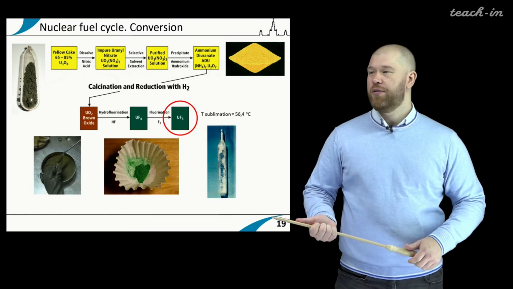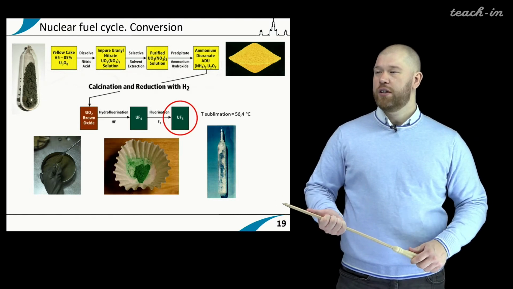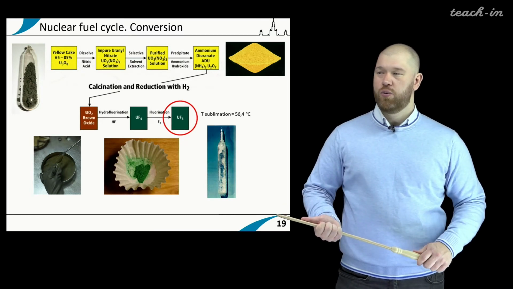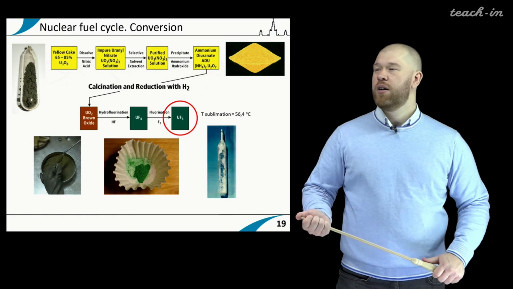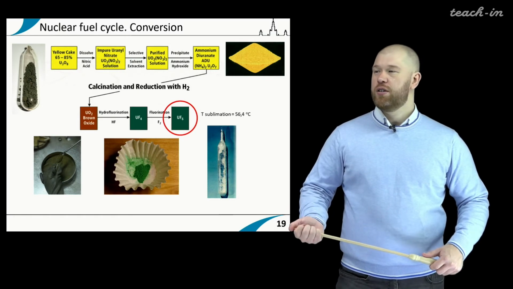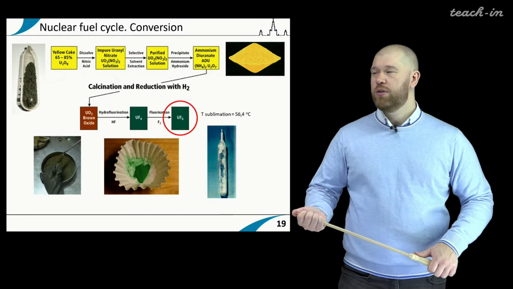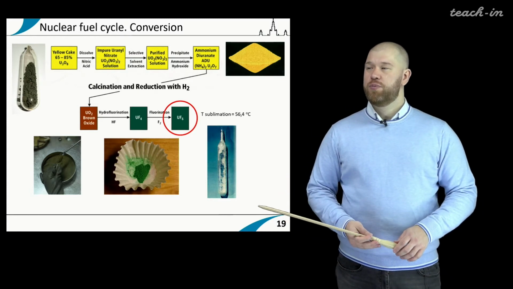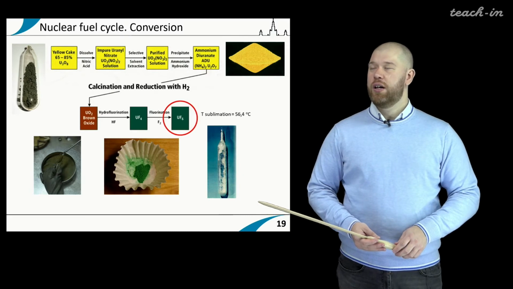Modern nuclear reactors require from 2 to 5% of uranium-235, but natural uranium contains only 0.7% of uranium-235, so we have to enrich the uranium in this isotope.